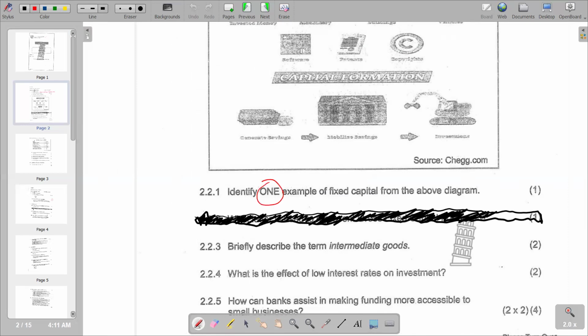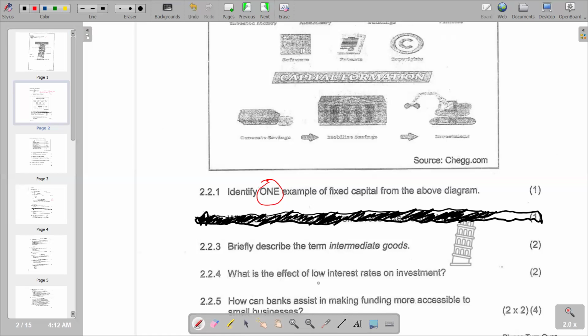We want to identify fixed capital, and we know that fixed capital is described by fixed assets or non-current assets. Examples of fixed capital are vehicles and machinery, a big part of our fixed assets.